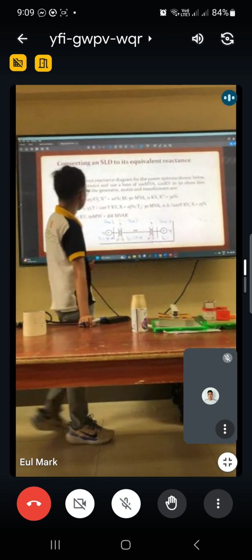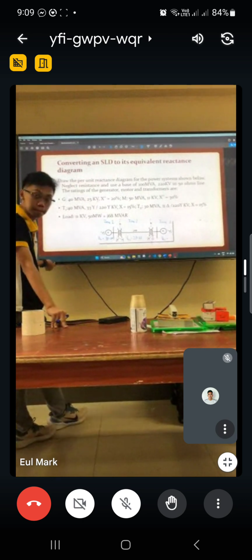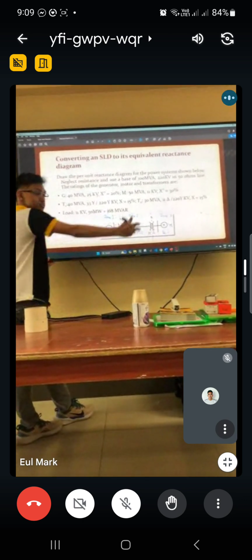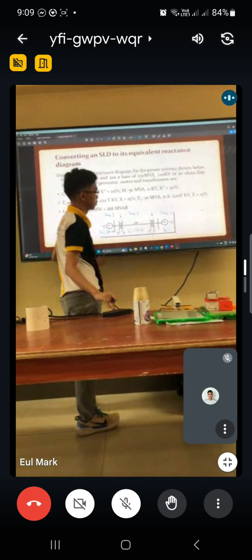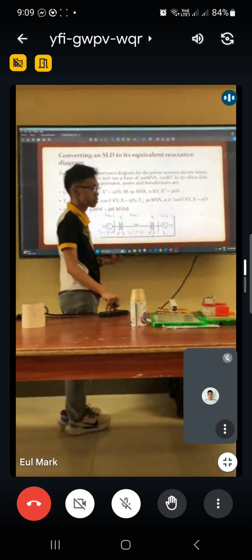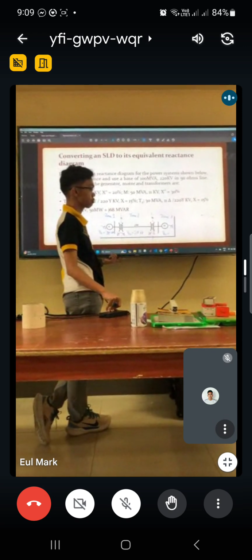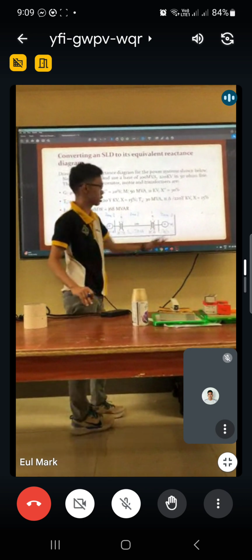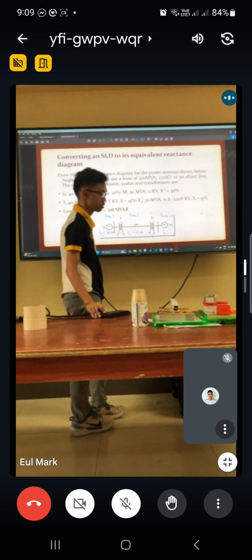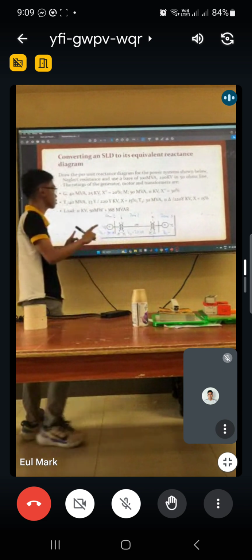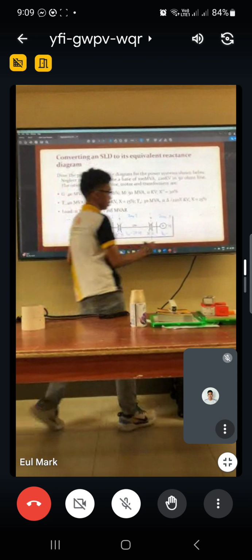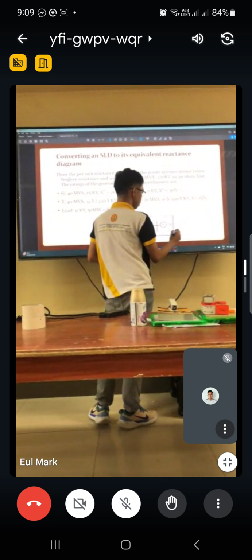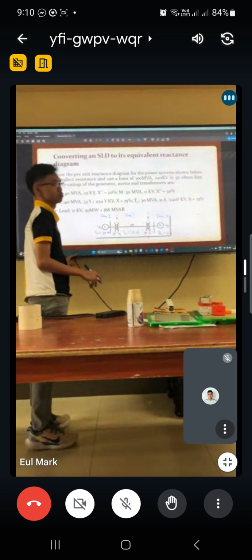The transformer is a step down, so you expect a smaller voltage. It is 11. Since 220 times 11 over 220 gives 11. Then VB2 is 230?